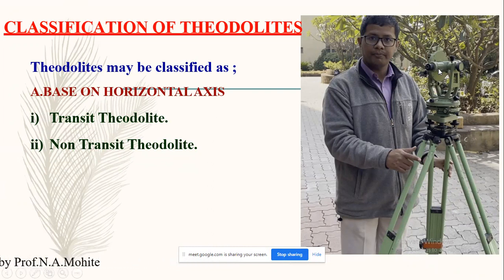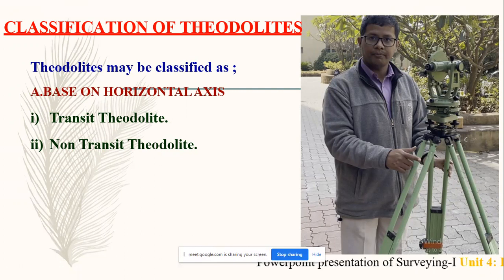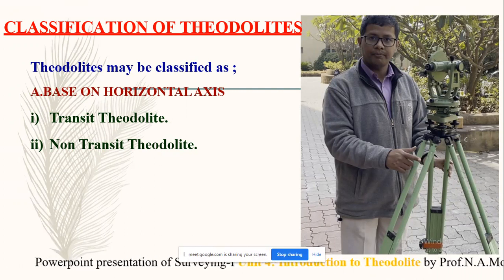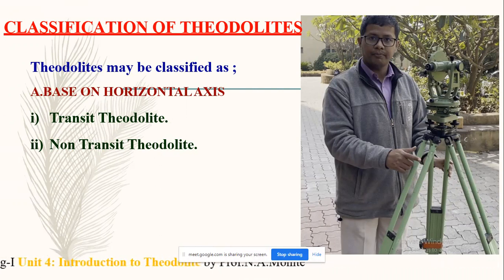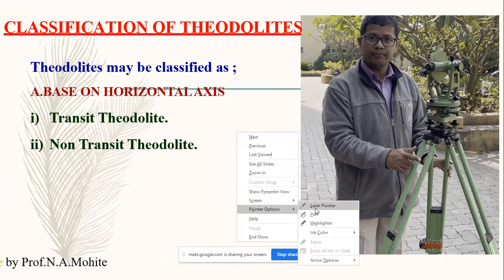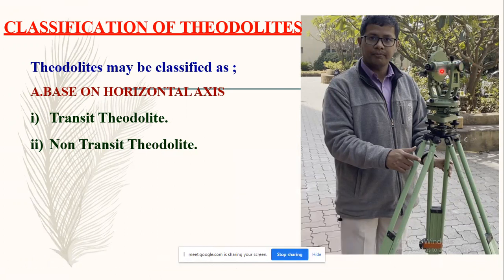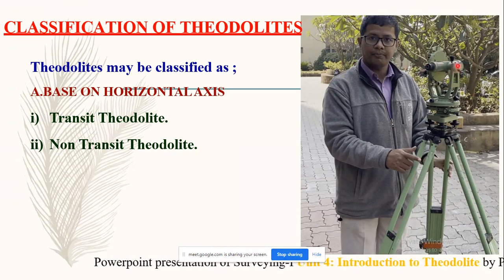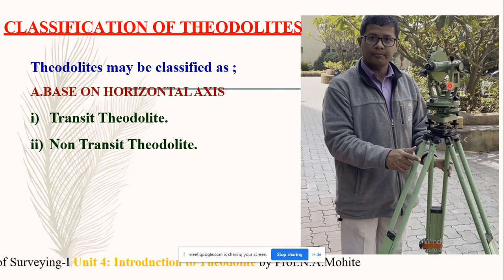When this telescope can be rotated or revolved through a complete revolution about its horizontal axis in a vertical plane, that is nothing but a transit theodolite.